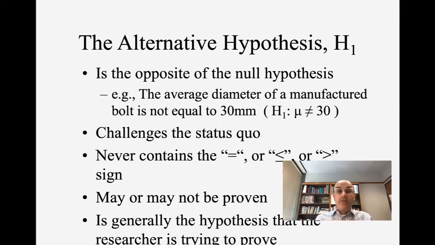The alternative is the outcome of testing the null hypothesis. So basically, we are going to state that the average diameter of a manufactured board is not equal to 30, and challenge the status quo. So we never contain smaller or bigger, and we might not even use it in order for us to test to see if it's true or not, because the main objective is to test the null hypothesis.